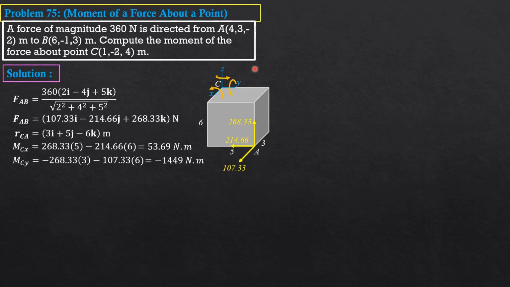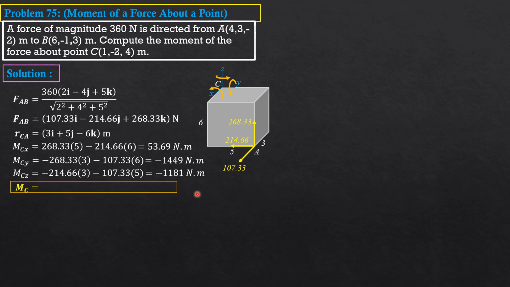MCz, negative, negative. So this is the positive sense. So negative 214.66 times 3, then negative 107.33 times 5. So MCz is negative 1181 Newton meter. Therefore, in vector form, MC is 53.69I minus 1449J minus 1181K Newton meter.